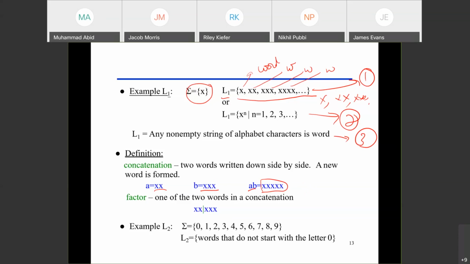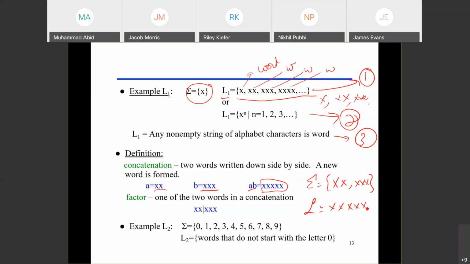Let's say summation is not x, summation is 2x and 3x, meaning the words xx and xxx. And I make a language, and this language has one word, xxxxx.